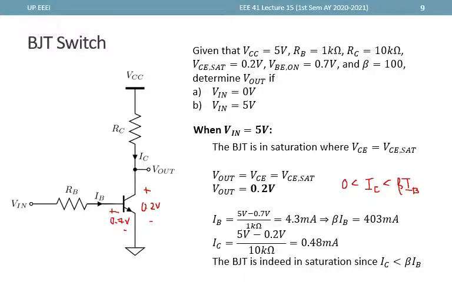So note that in the first case our output was 5 volts, and in this case our output is 0.2 volts.